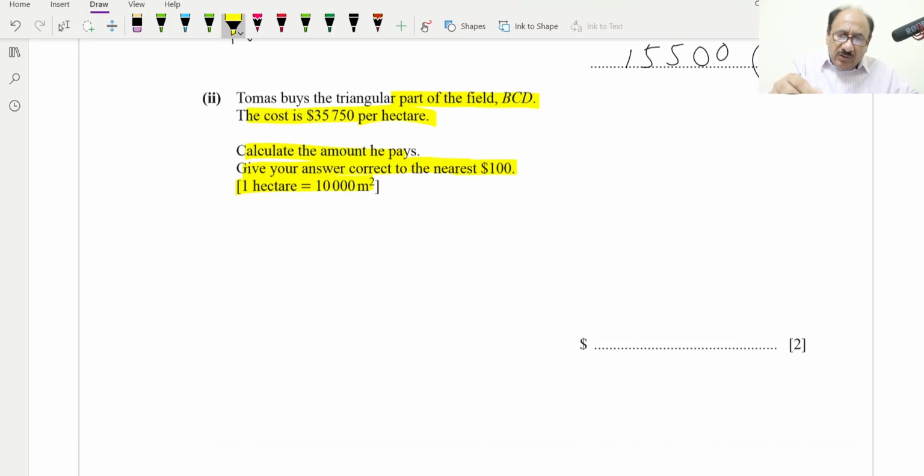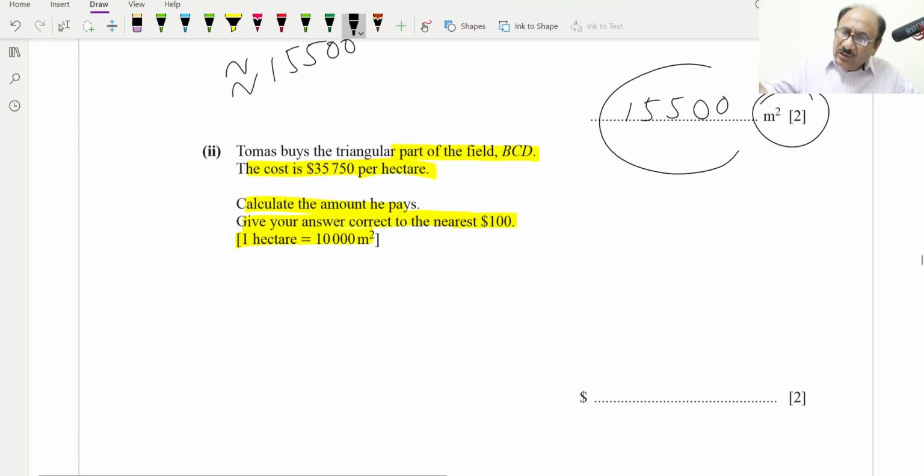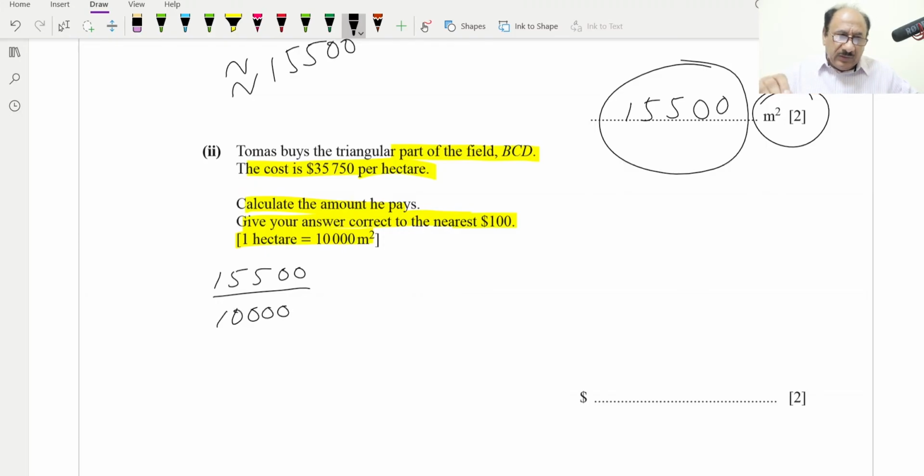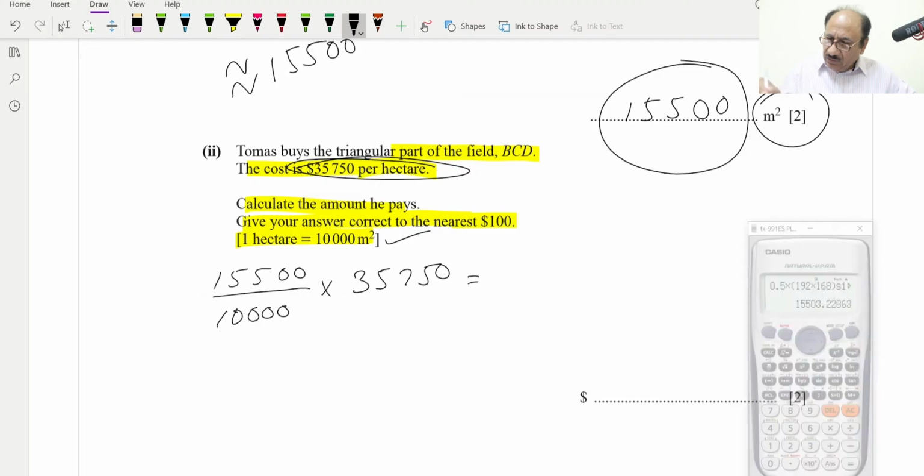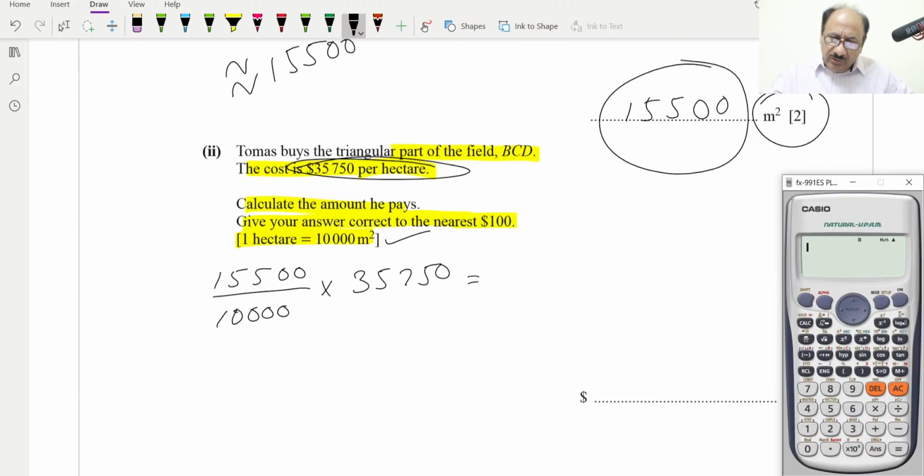So we can convert this area, 15500, into hectares by dividing it by this conversion ratio, and then multiply it with the cost per hectare, 35750 dollars, and this will be the amount to pay.